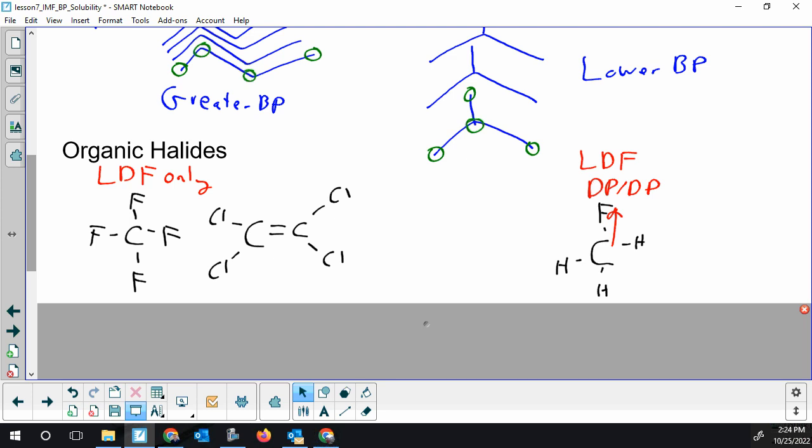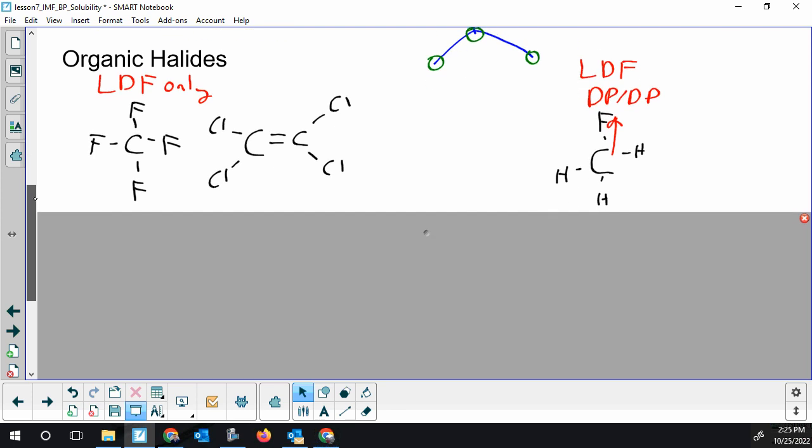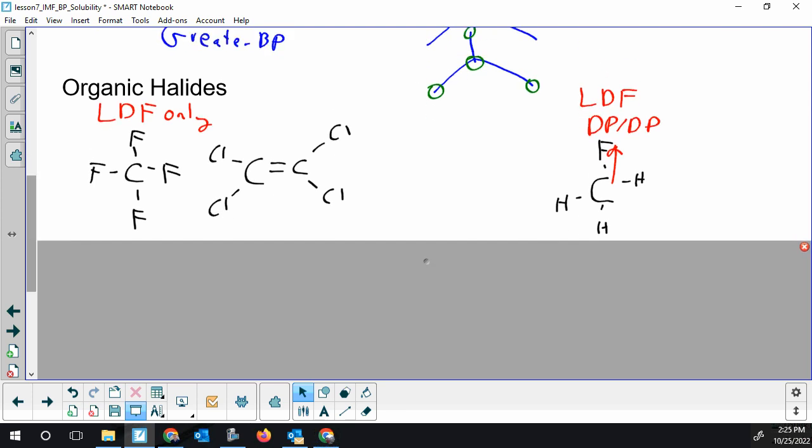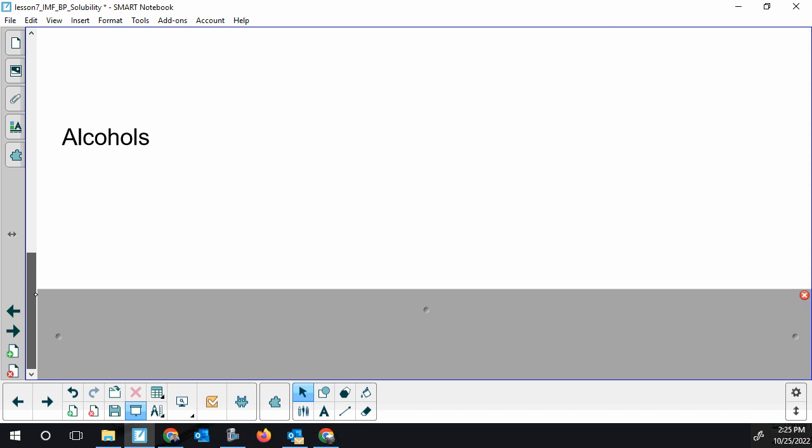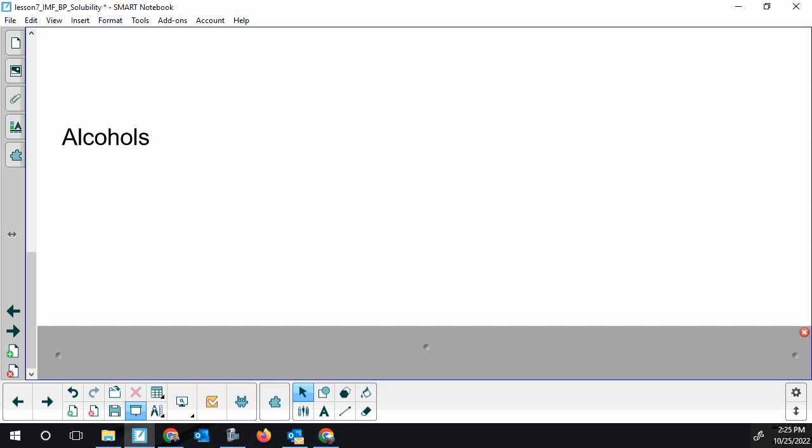Okay. So that's organic halides. So we've got all these hydrocarbons that have LDF only. We've got organic halides that fit into 2 categories. Most of them are polar on the right, but occasionally that polarity is canceled out like we see on the left due to symmetry. Now we're on to our alcohols.